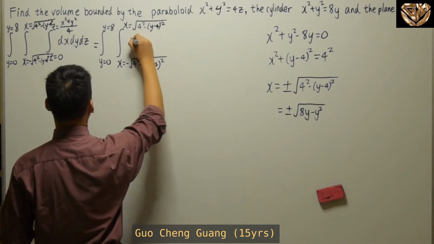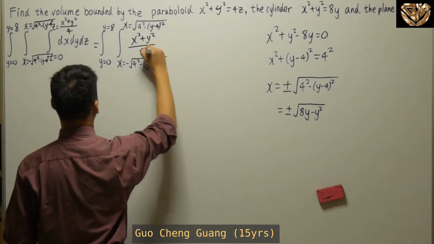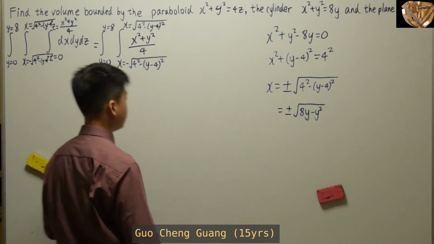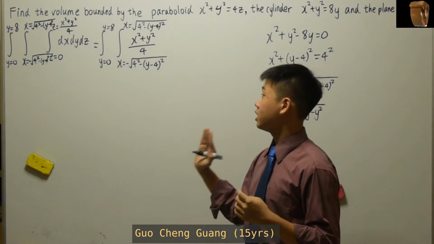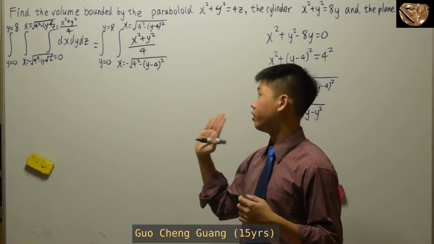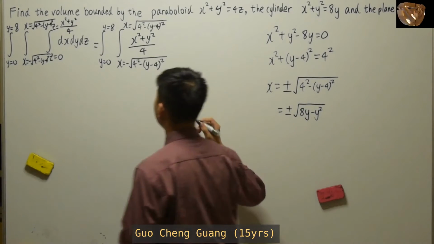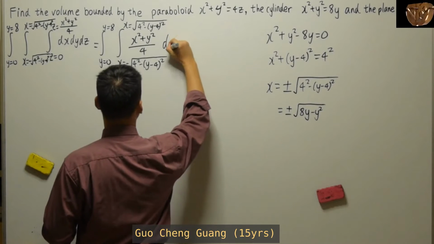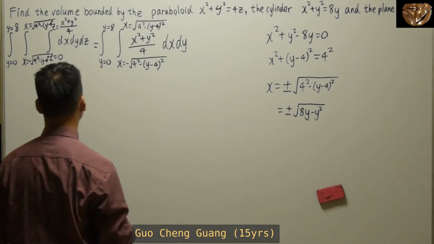So, you'll be seeing x squared plus y squared over 4 as your integrand now, since after you integrate with respect to z, you're just going to have z and substitute in the values from 0 to x squared plus y squared over 4. Next, integrate with respect to x first, and then integrate with respect to y.